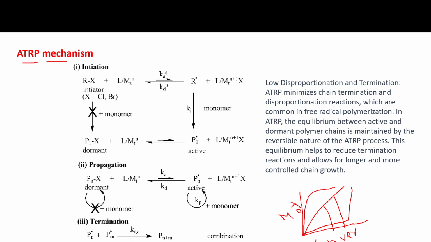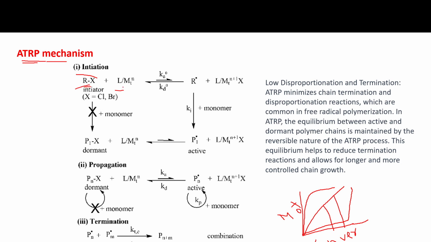This ATRP mechanism is given by the ATRP scheme. So what will happen in the ATRP polymerization? In ATRP polymerization we use a metal ligand complex and an ethyl chloride or alkyl halide compound.